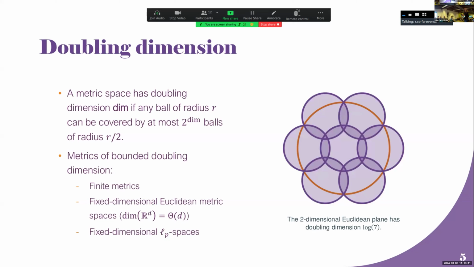The most natural example of such a class are the fixed dimensional Euclidean metrics, where the doubling dimension behaves as you would expect. As this example of the Euclidean plane shows, you can cover this orange ball of radius r with 7 balls of half of the radius, so that is doubling dimension log of 7.